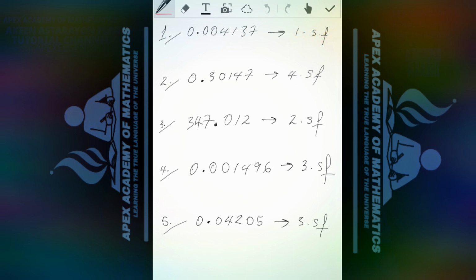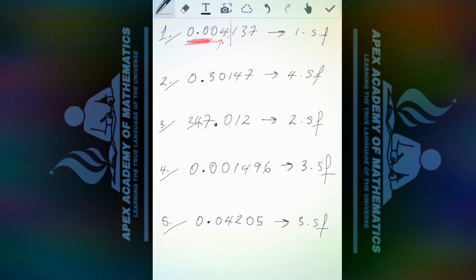I notice here that these zeros are insignificant because they appear before the 4. So my first significant digit here is, of course, 4. I will draw my line right here behind the 4, because this is my required significant figure.